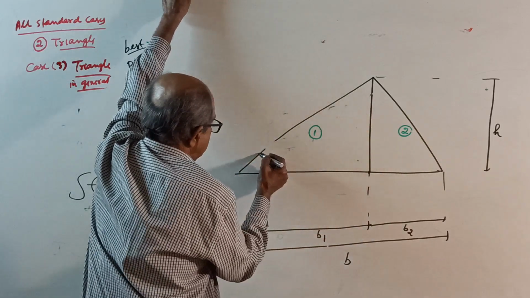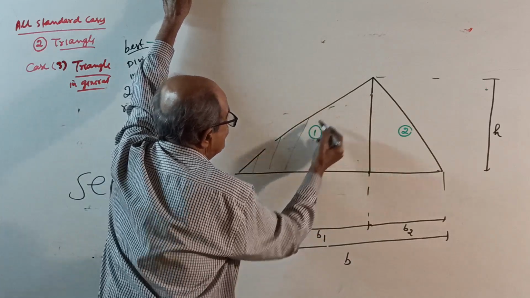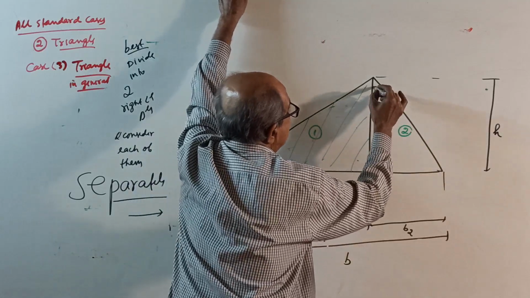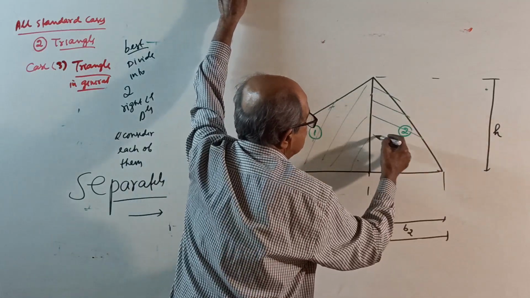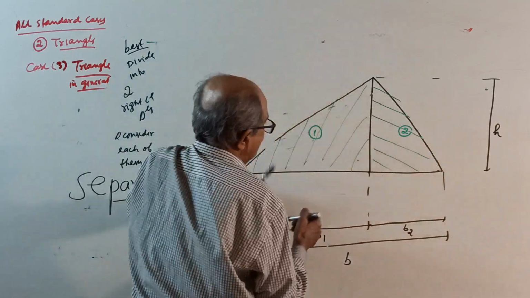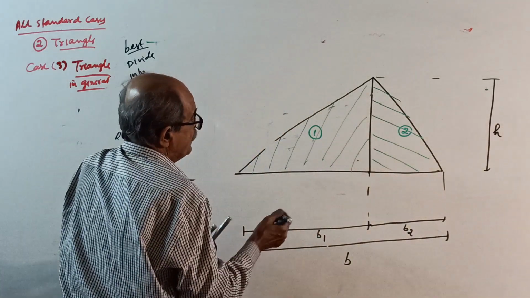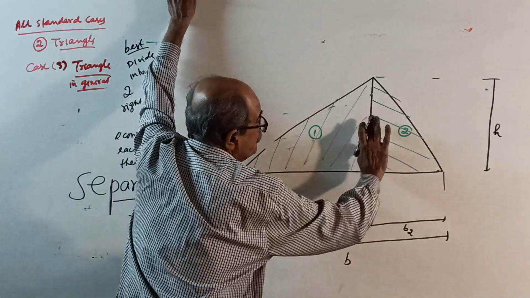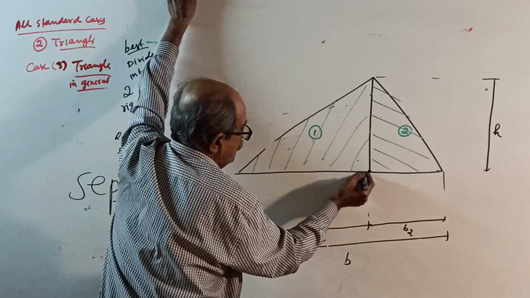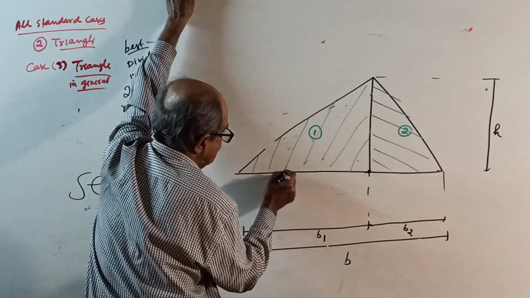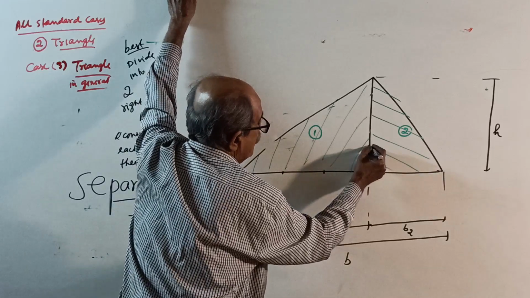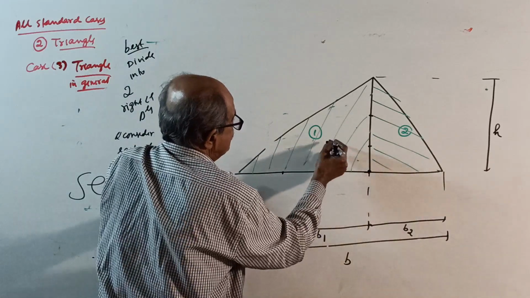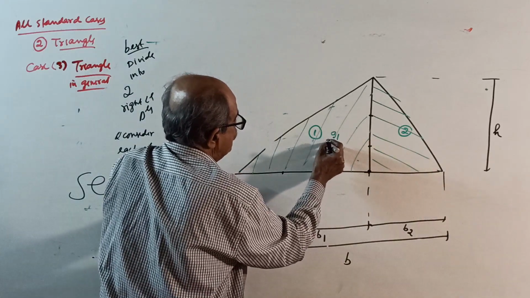Now, consider this triangle and this triangle separately. If you consider separately, this is a right angle triangle. See, 90 degrees here. Divide this into 3 parts, vertically divide into 3 parts. This is the centroid, G1. G1 is here.